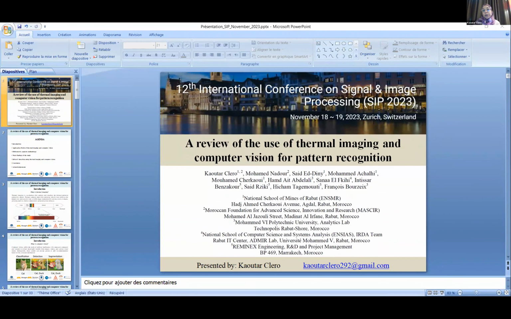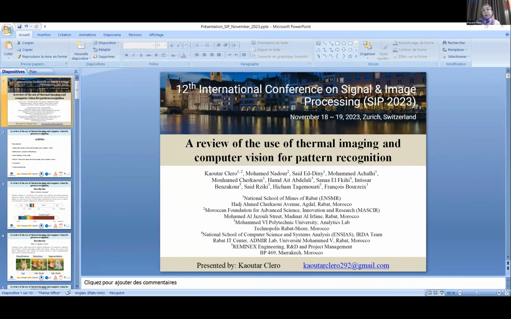So in our study, when we combine thermal imaging and computer vision, the aim of the studies reviewed in this state of the art is to extract meaningful information from thermal images to detect patterns that cannot be seen by human eyes. Many scientific contributions discuss the use of infrared thermal imaging and computer vision to handle several issues linked to varied fields.